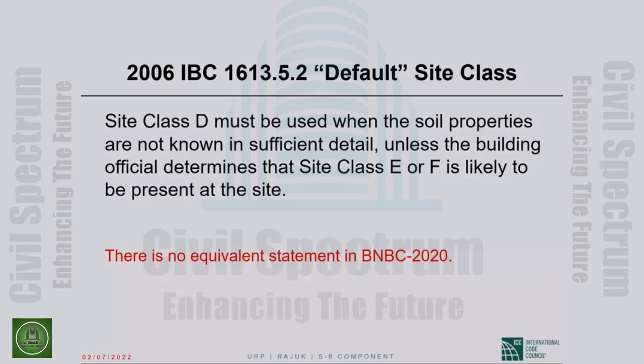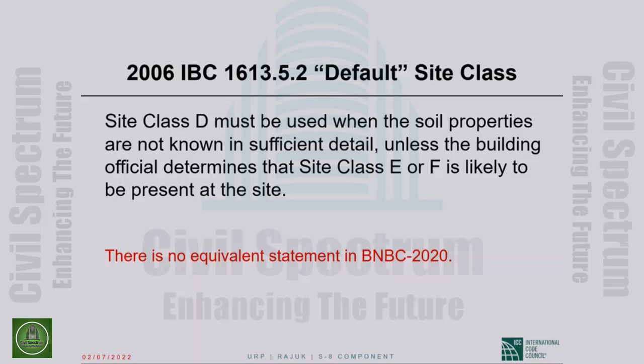and that makes it important that there be a default site class where there are no soil property measurements. Then what is the site class? And this is what it is about. Site class D must be used when the soil properties are not known in sufficient detail, unless the building official determines.